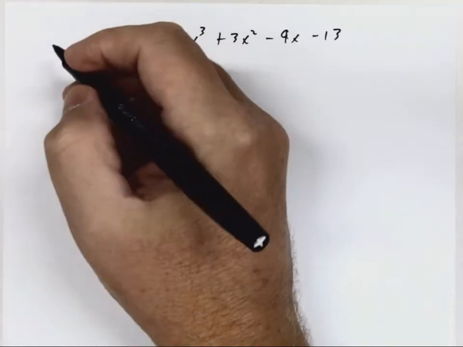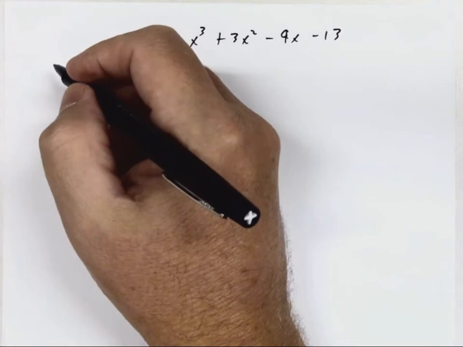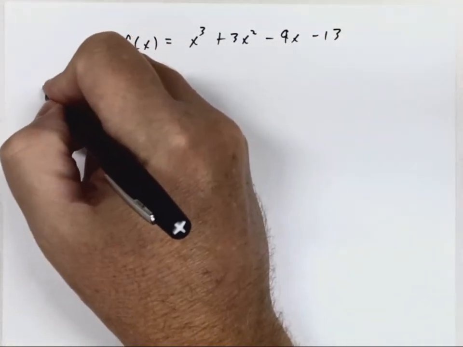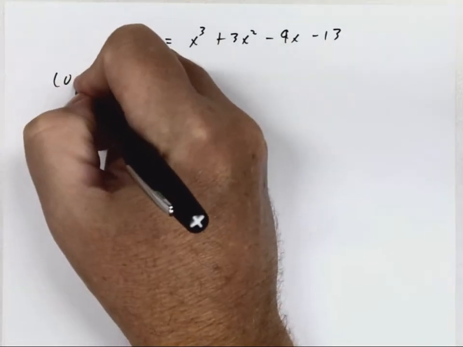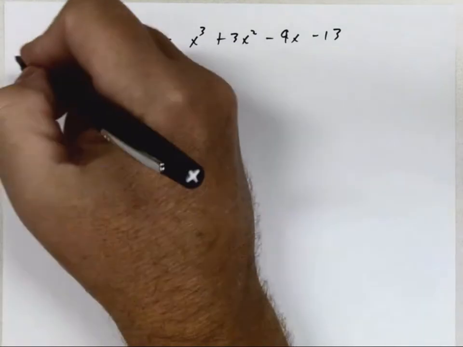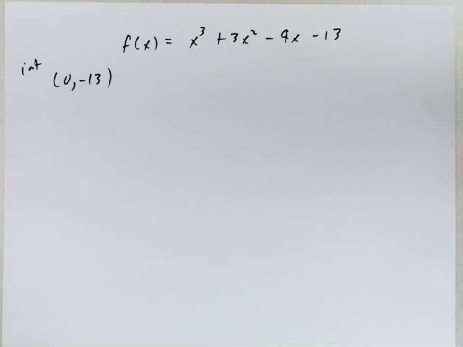For instance, we've learned important things for graphing. We know we have a y-intercept, (0,13), no asymptotes.